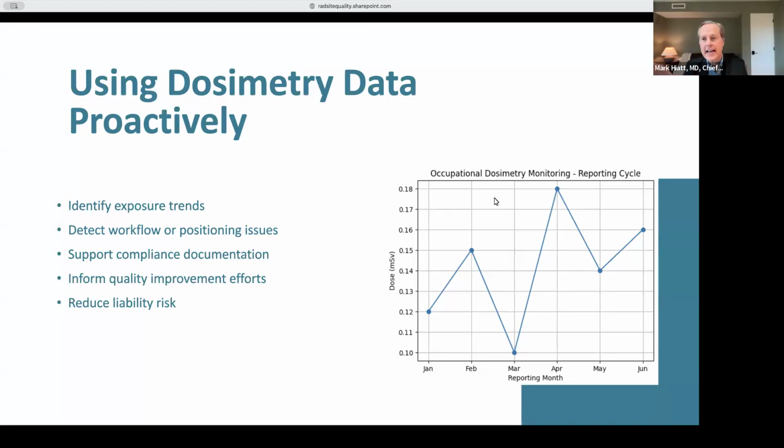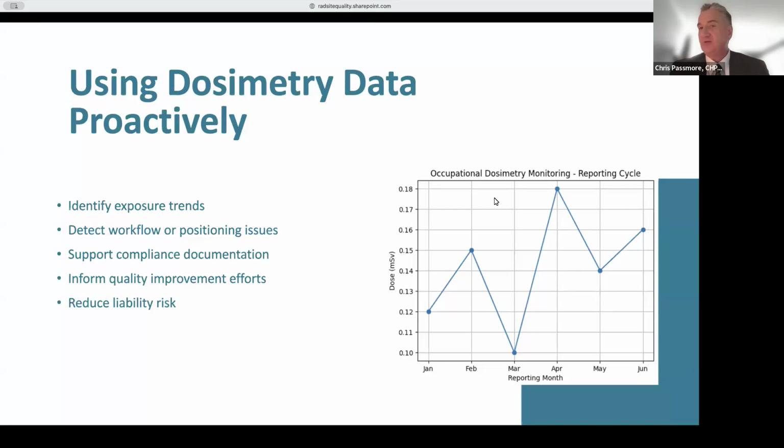Now, Chris, about using this data, how do you recommend practices use it proactively as opposed to just passively? Yeah, and I would say that dosimetry is a tool to help bridge that gap between the monitoring that Vino's team would do. So, for example, I would stop treating dosimetry as a quarterly compliance invoice or a chore.